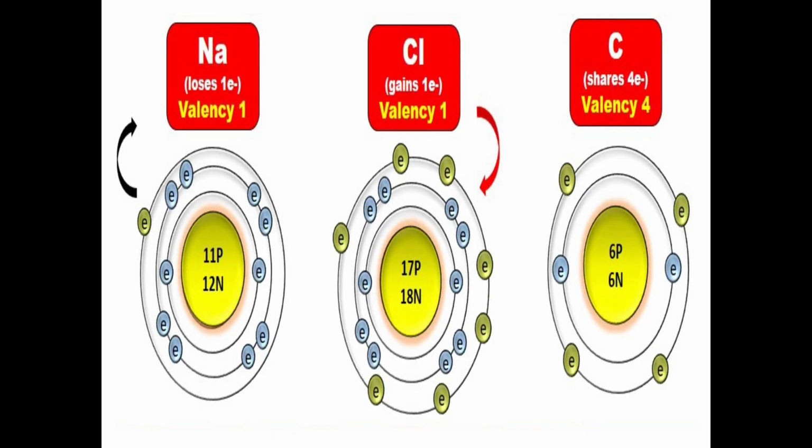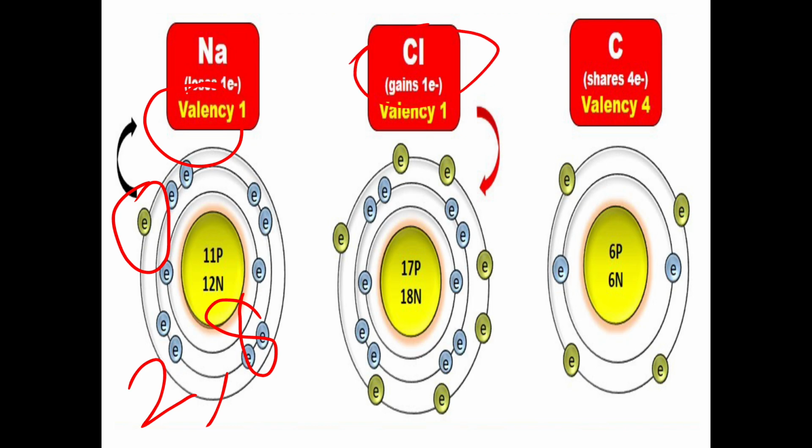Here you see again, in the outermost shell it is having 1 extra electron and it can be donated. After that the sodium is getting the configuration 2,8 of neon and it's getting the stability. That's why the valency here is 1 for sodium.